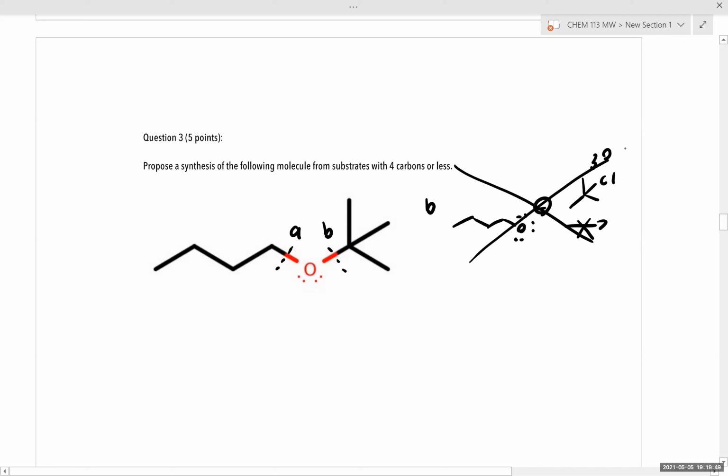You'd primarily see elimination when you have tertiary halides. Instead, we're going to break bond A and trace this back to chlorobutane and tert-butoxide.